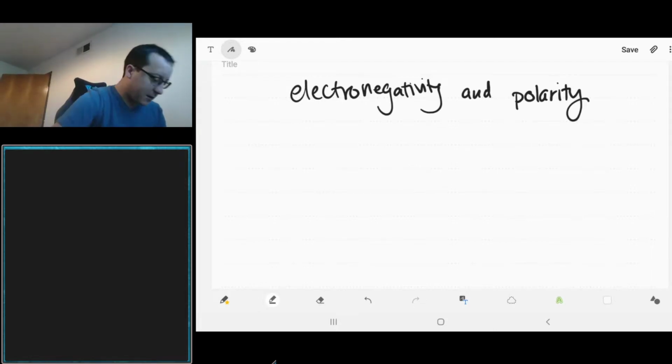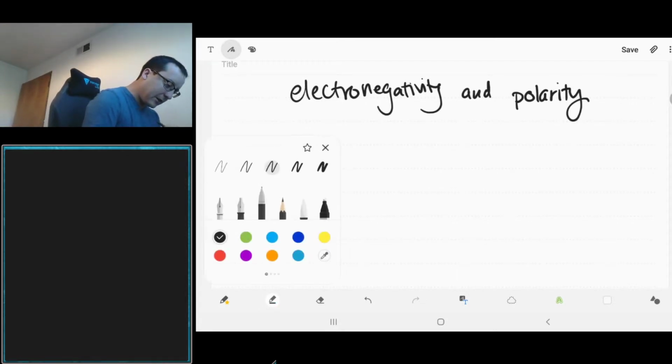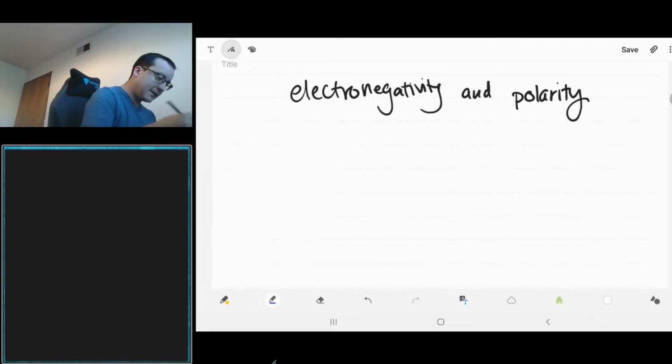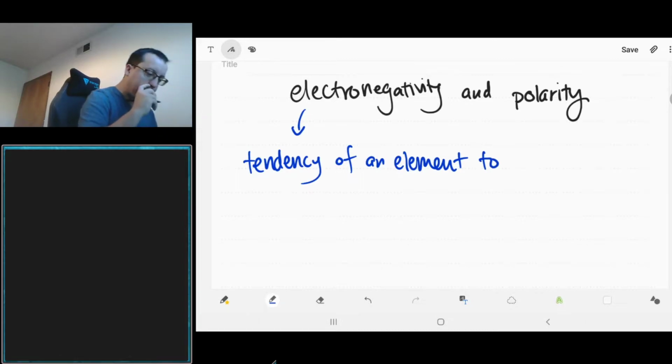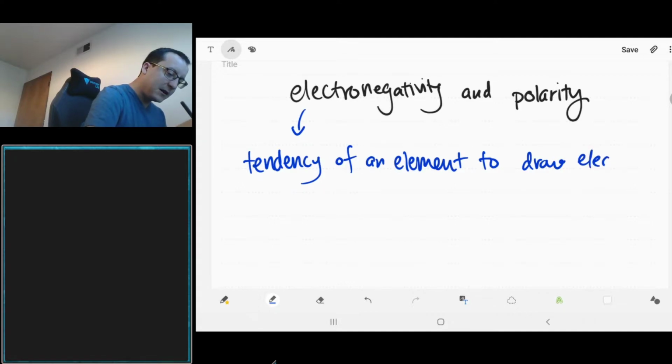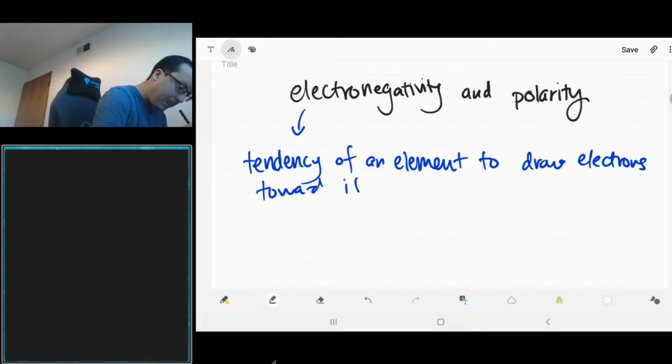Okay, so electronegativity. Let's take a look at that. We're going to see that this word means the tendency of an element to draw electrons toward itself in a covalent bond.